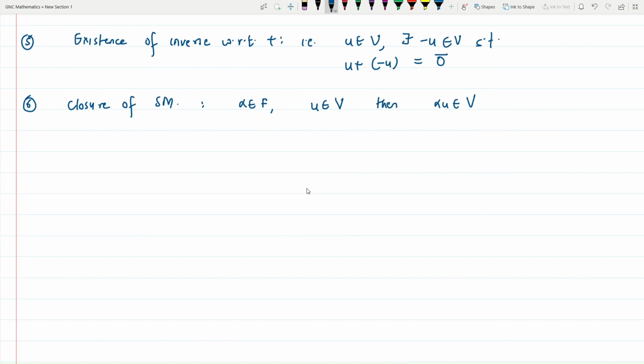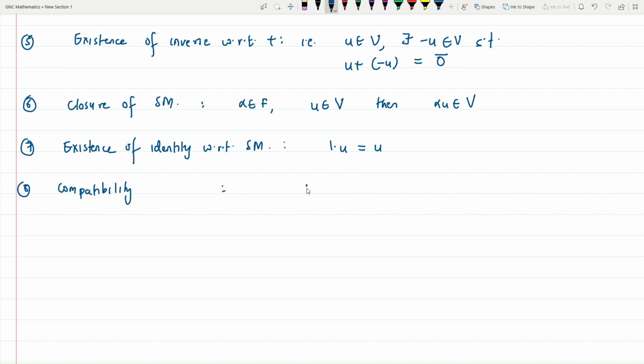The second condition is the existence of identity with respect to scalar multiplication. We know that there is a 1 which when multiplied by u is going to keep it u. We have the compatibility condition, which states that alpha beta times u is the same as alpha times beta u.